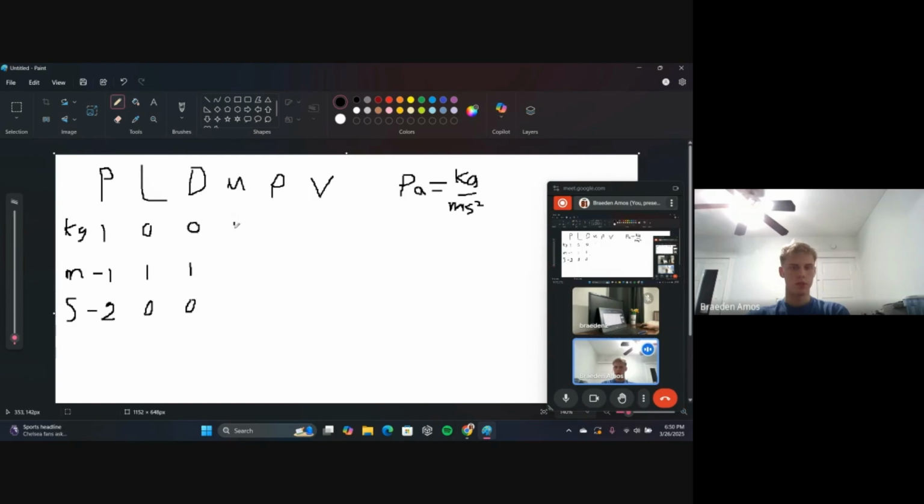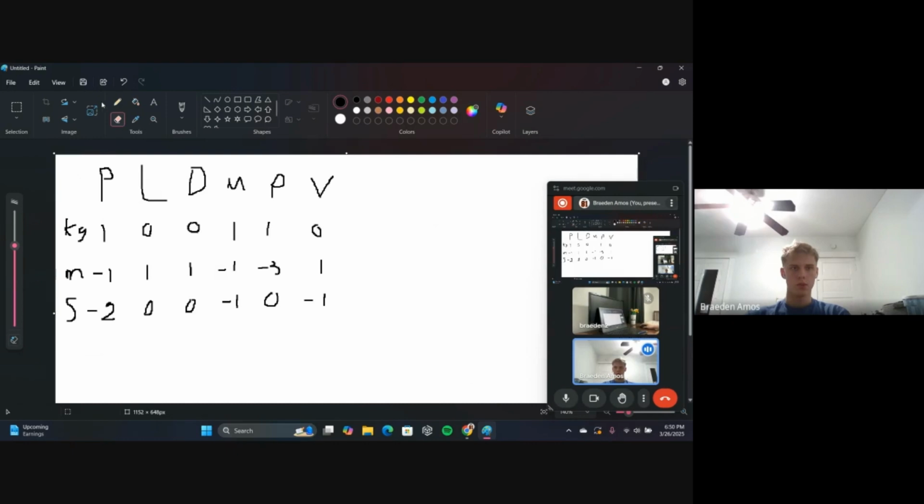Viscosity is going to be 1, -1, -1. Rho is going to be 1, -3, 0. And V is going to be equal to 0, 1, -1.